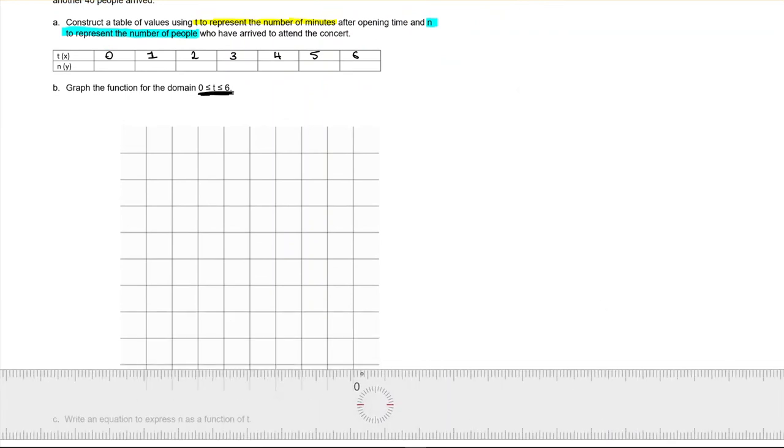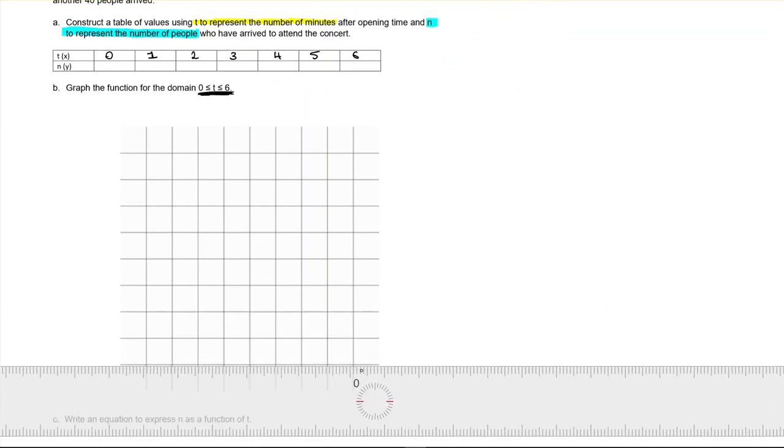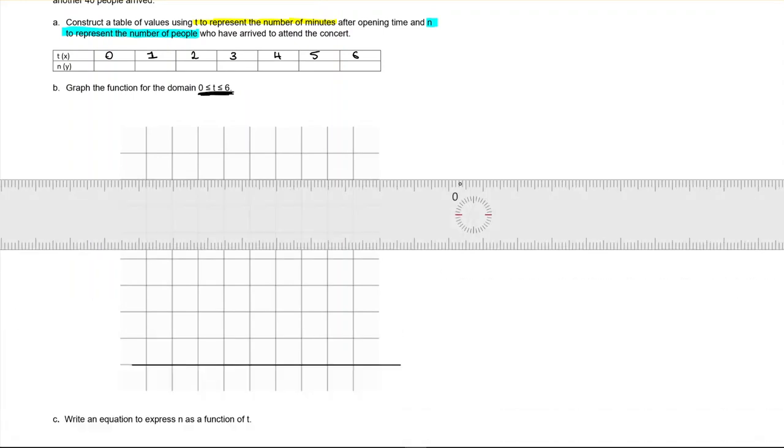Okay, so let's see if this works. 1, 2, 3, 4. Nope. So I'm just going to go up in 1, 2, 3, 4, 5, 6. And this is going to be time in minutes.